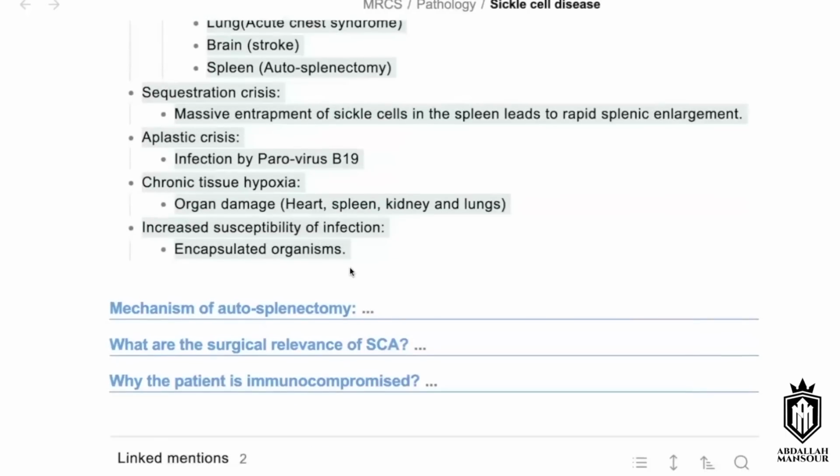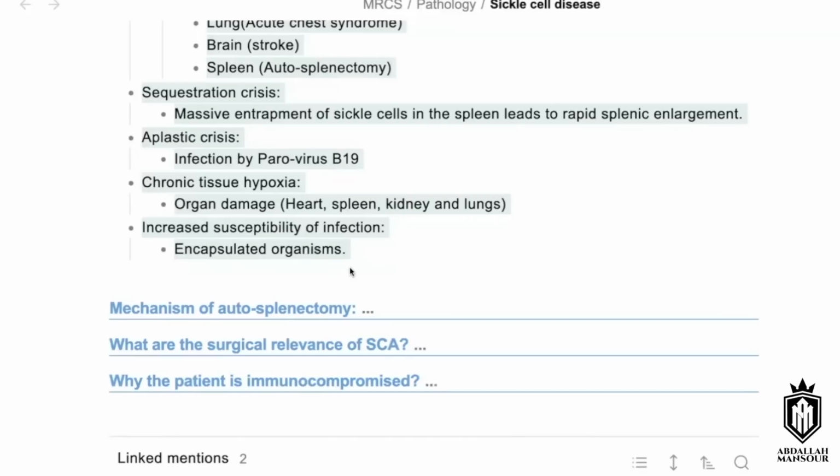What's the mechanism of autosplenectomy? Okay, so first it happens in early childhood, in which the spleen is enlarged. Sorry, in early childhood, there is enlargement due to congestion in the pulp region, with sickle cells developing inside the red pulp.